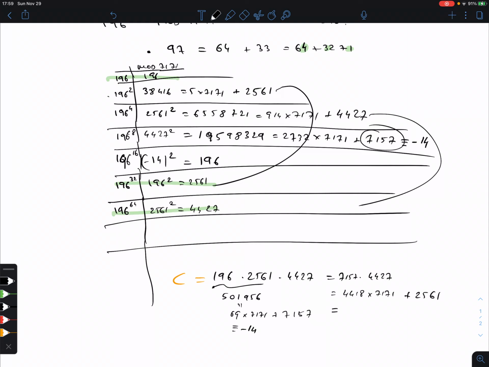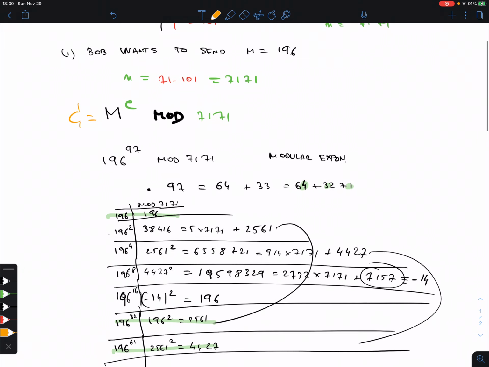Okay, so, sorry, 2561. Okay, so that is correct. So we find that our encoded message becomes 2561. Okay, so far so good.